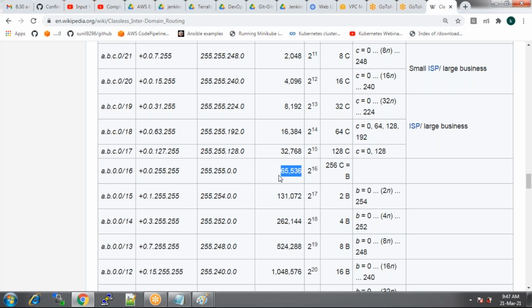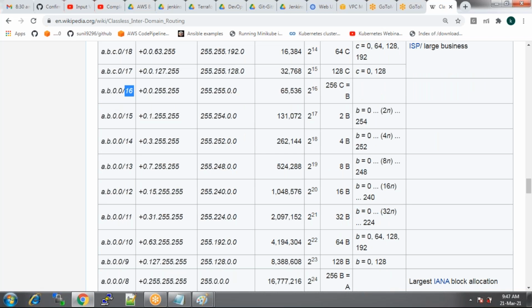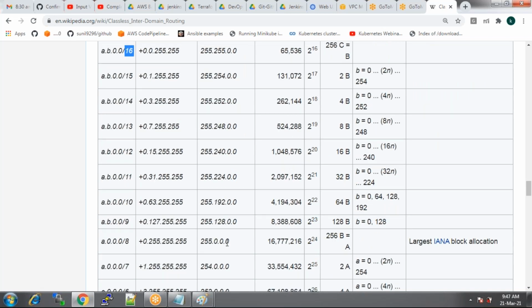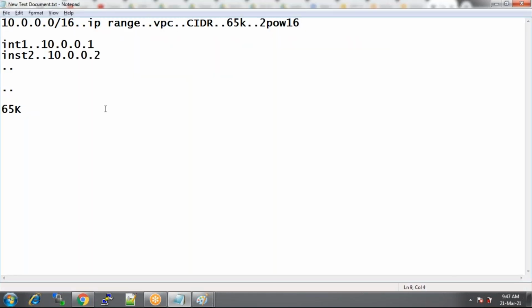That is the class B range. Then if you go with 2 power 24, the representation is 10.0.0.0/8, nothing but 2 power 24.